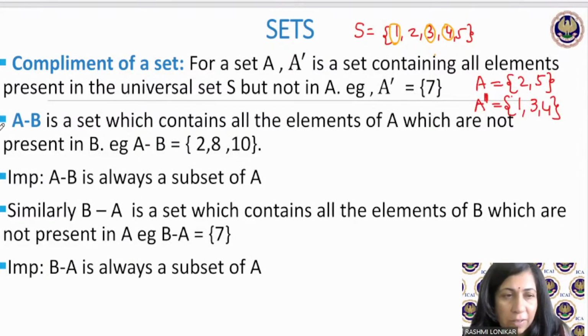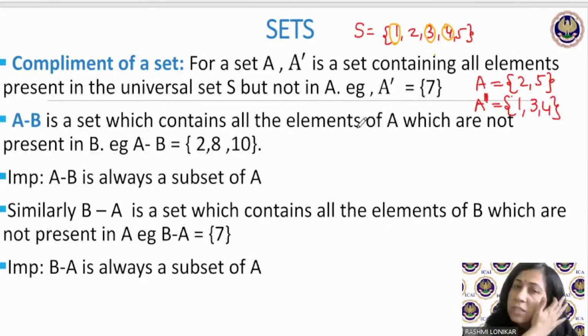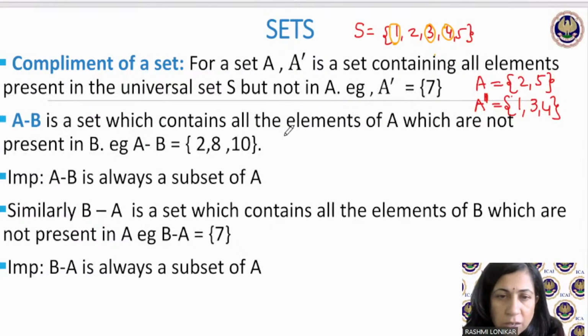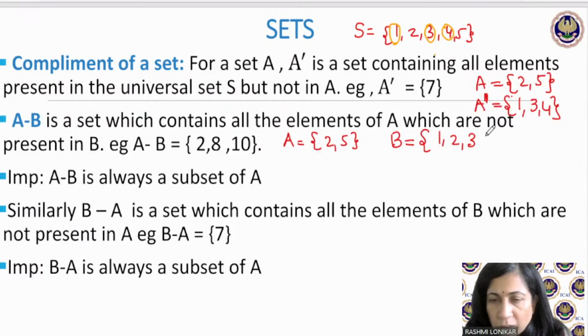Then we have A minus B. It is a set which contains all the elements of A which are not present in B. Here, suppose I have A equal to 2, 5 and B equal to 1, 2, 3, 4, 6.